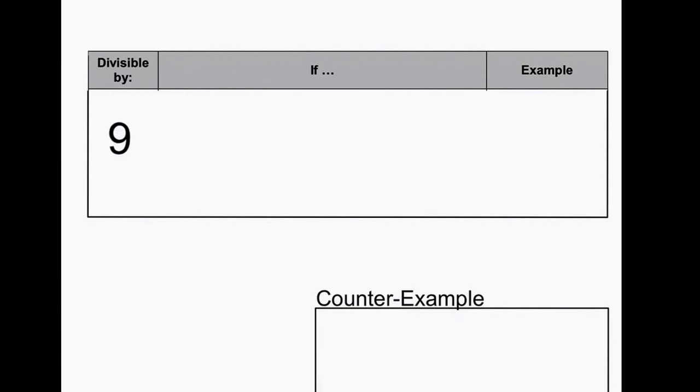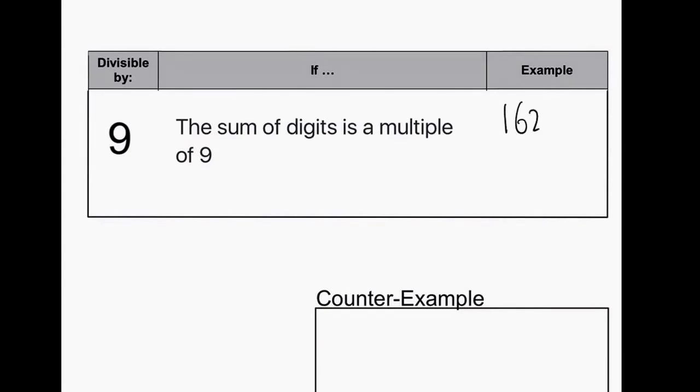Next, this is the last one, which is divisible by 9. Divisible by 9 is similar to divisible by 3 because it just says that the sum of digits is a multiple of 9. So for example, I have this 1629.